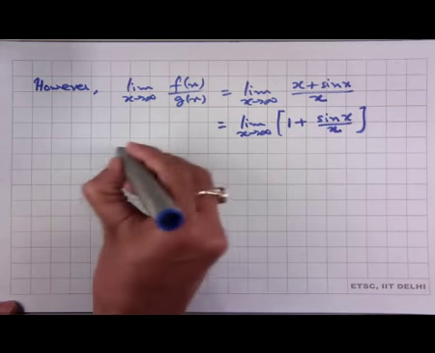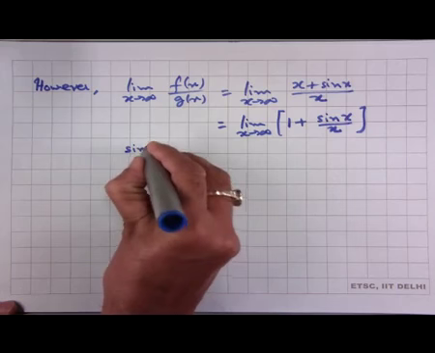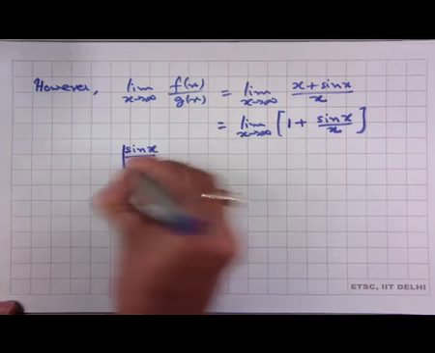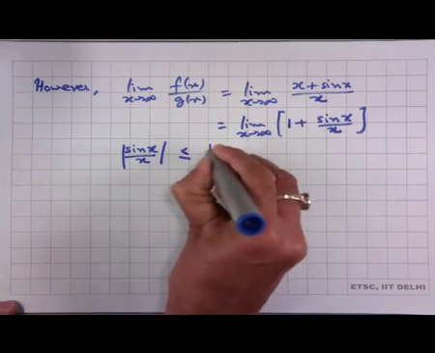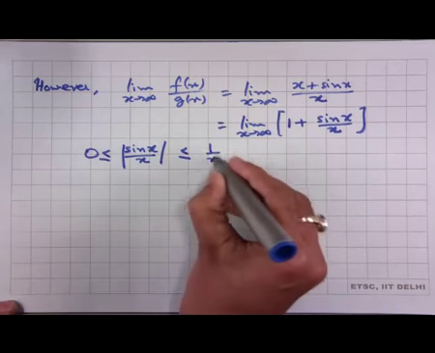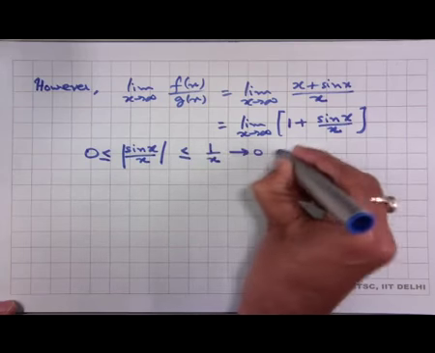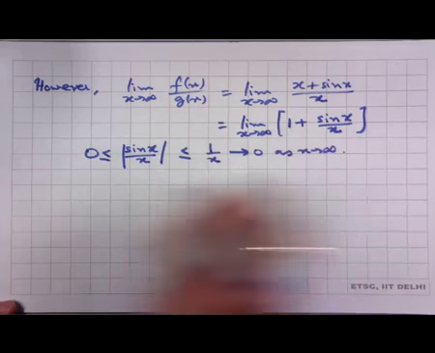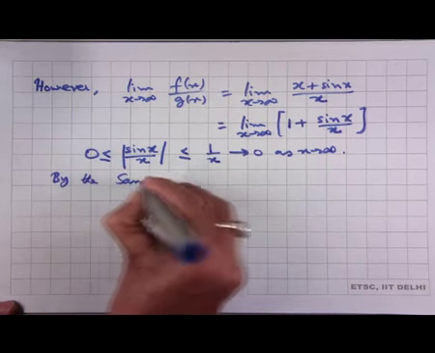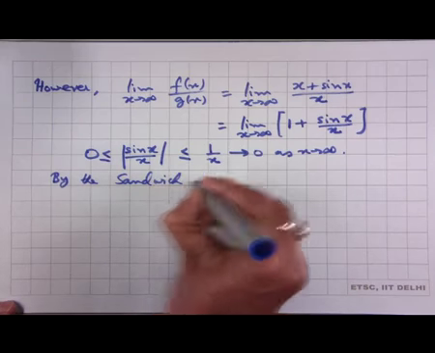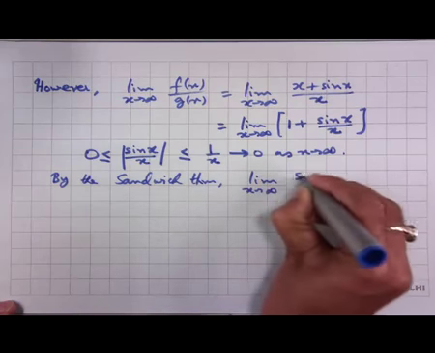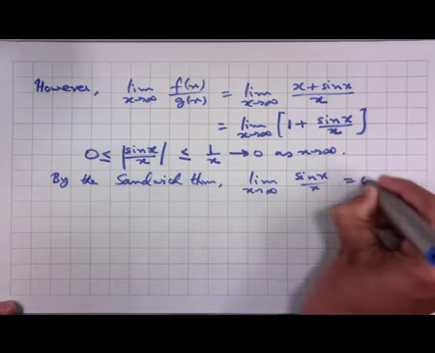So, sin x by x in mod is less than or equal to 1 by x and greater than or equal to 0, and 1 by x goes to 0 as x approaches infinity. So, by the sandwich theorem, limit x going to infinity of sin x by x is equal to 0.